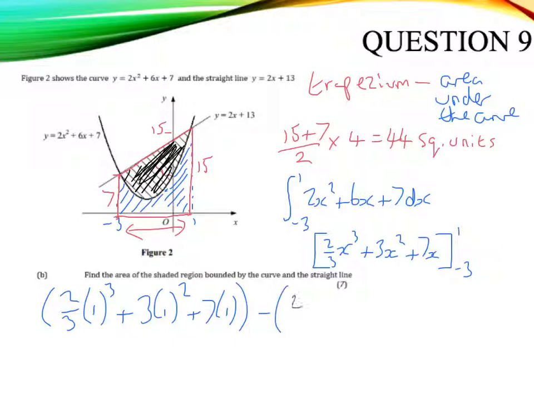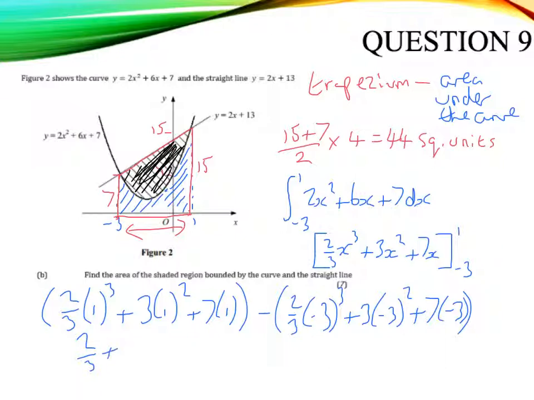So I'm going to keep my negative values in brackets, plus 3 lots of -3 squared plus 7 lots of -3. Okay, so this first part, let's have a look. 1 cubed is 1, so I've got 2/3 plus 3 plus 7.